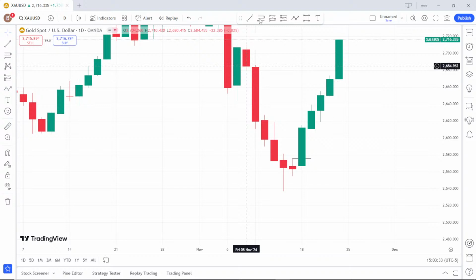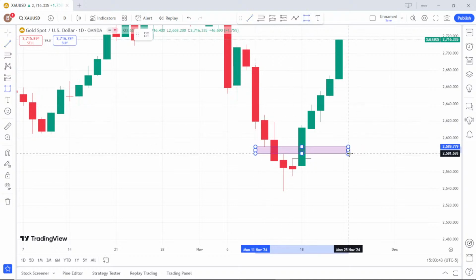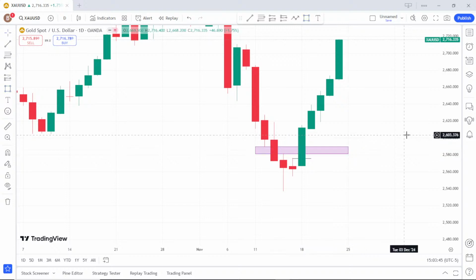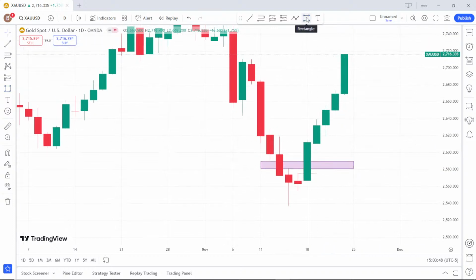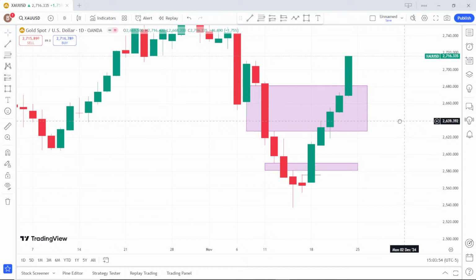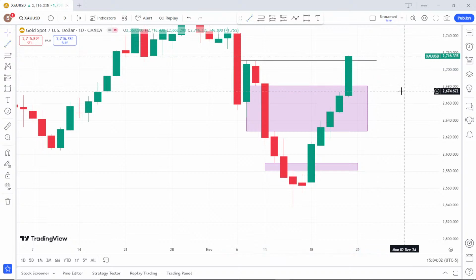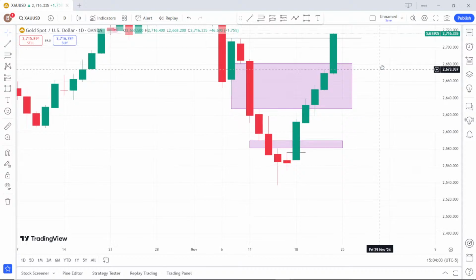Then after that, to enter into this particular imbalance, then to enter into another imbalance, and then sufficient enough to go for this. Those are my targets for the week.